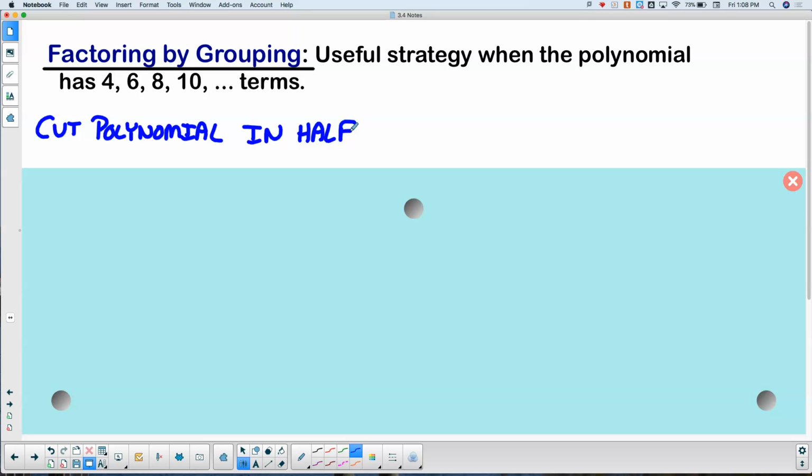So now you've got 2 halves. And you're going to run then 3 greatest common factors on that polynomial. One on the left half, one on the right half, and then one on the results. Okay?